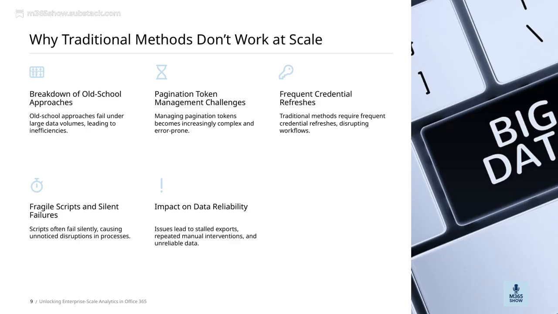And as a result, the data we rely on becomes less reliable. Now, one of the sneaky issues is that scripts often fail silently. That means they stop working without any obvious error message, causing unnoticed disruptions in our workflows. This fragile setup makes it hard to trust the data we're analyzing.